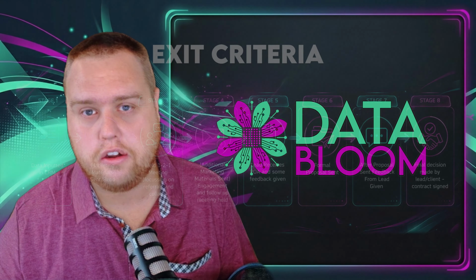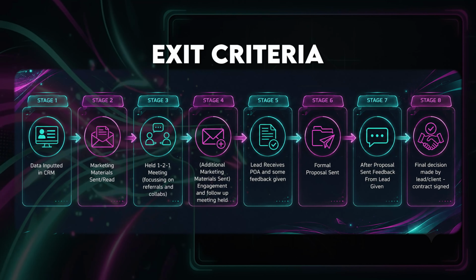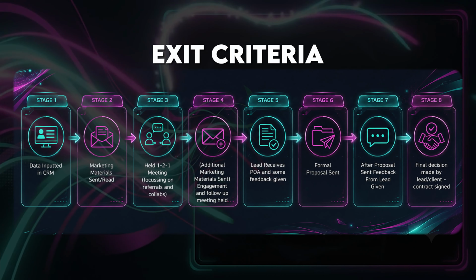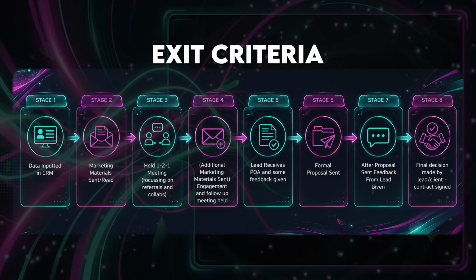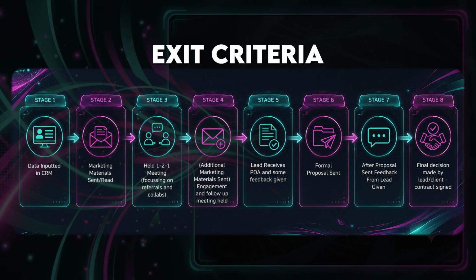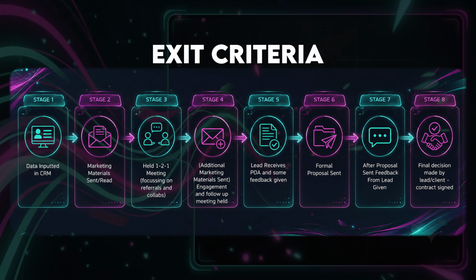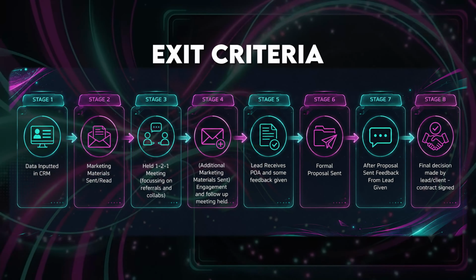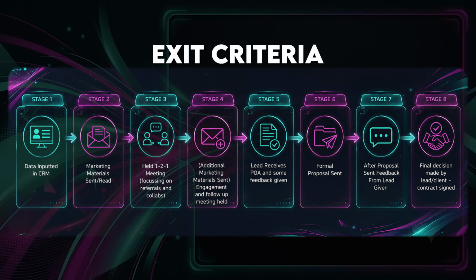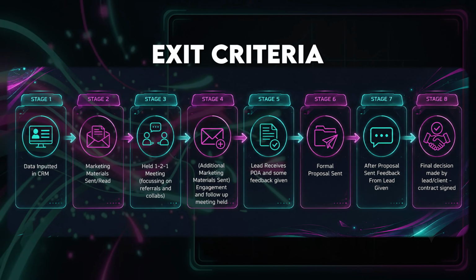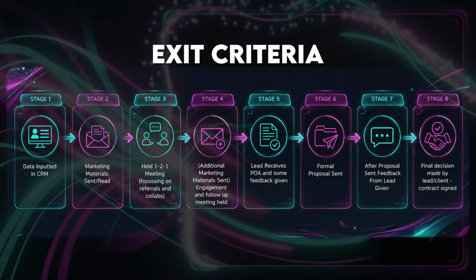So the exit criteria from qualified to discovery are quite interesting. For me, it's once I've done the one-to-one. I will do some email marketing and some social media marketing prior to our one-to-one meeting. Then I'll do the sit down, the back and forth, learning about each other's businesses on a more generic, sort of 50-50 level.